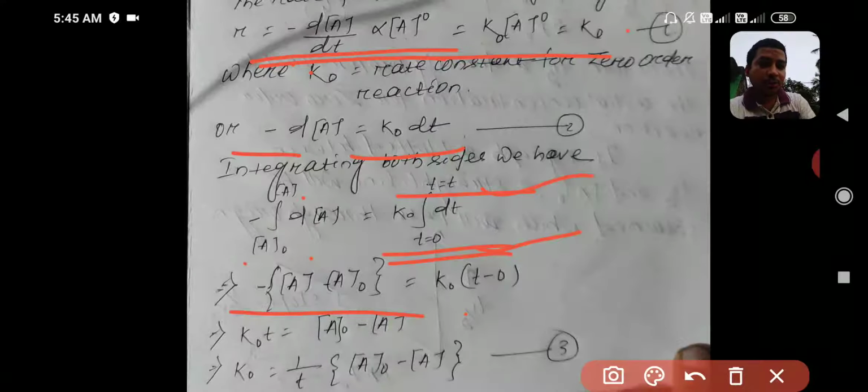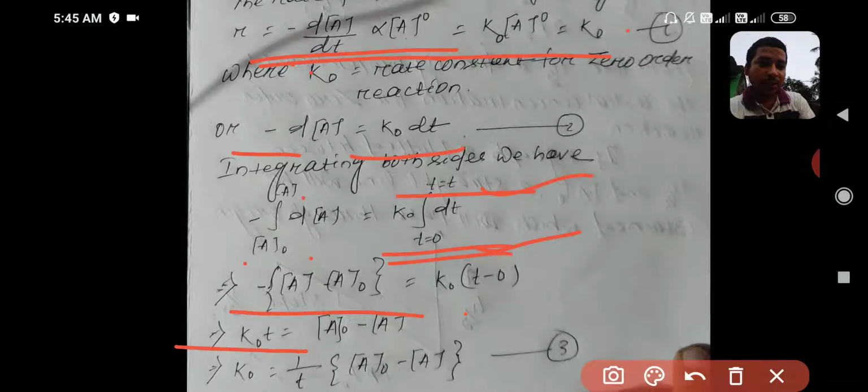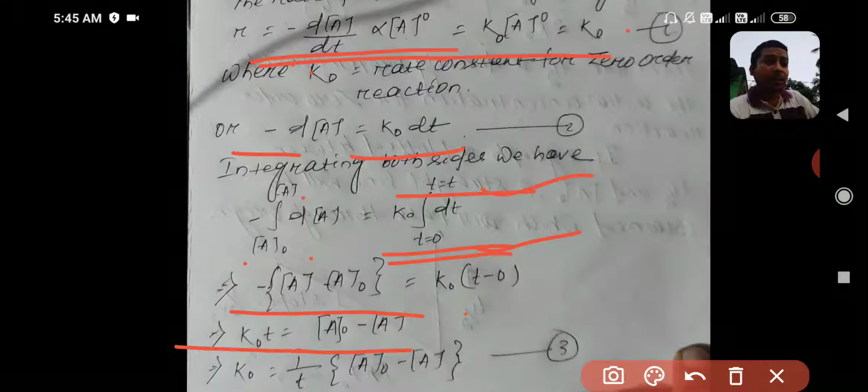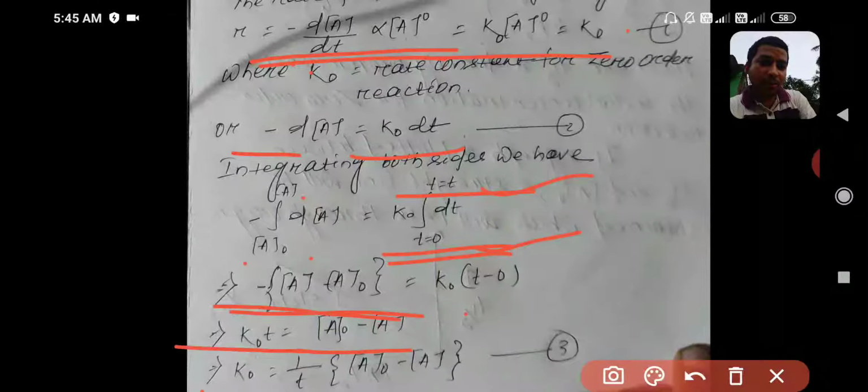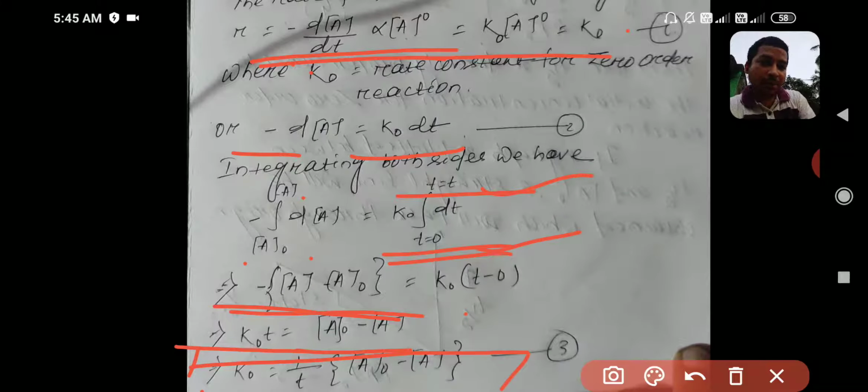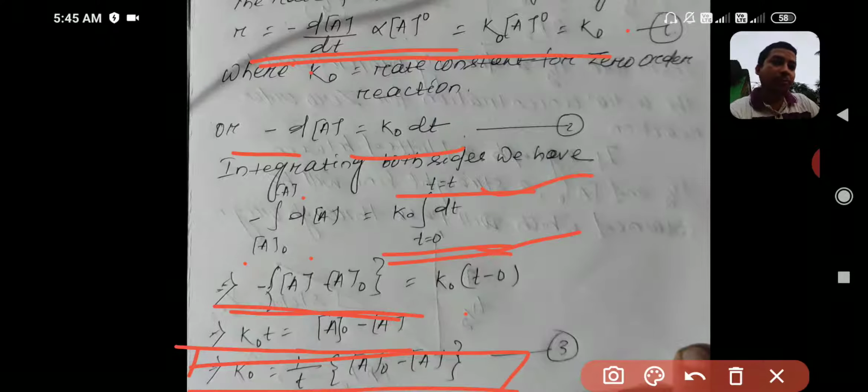So the expression can be written as k0t is equal to A0 minus A. We can multiply the negative sign over here. And the final expression would be k0 is equal to 1 by t into A0 minus A.